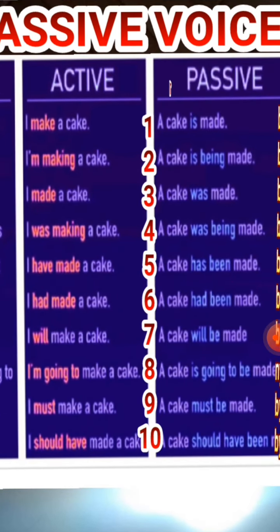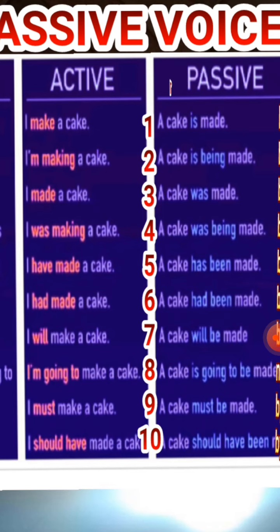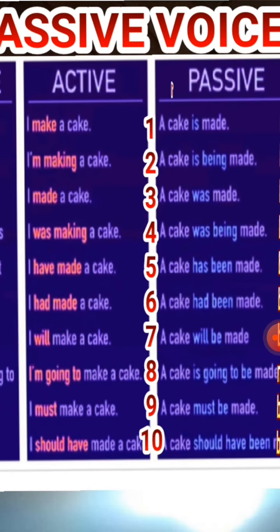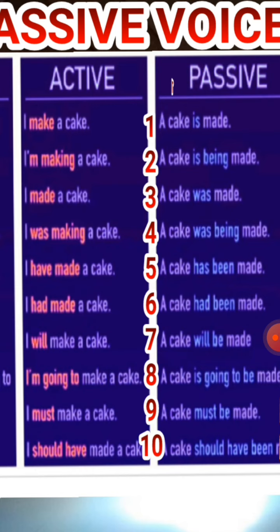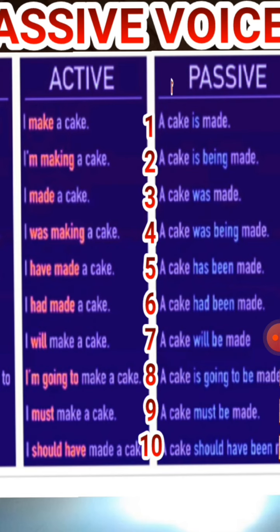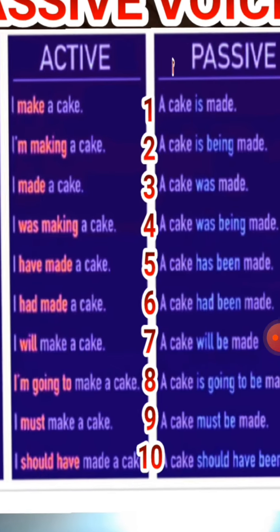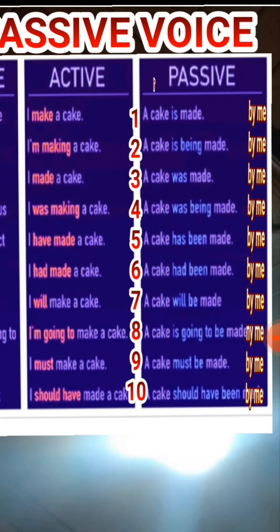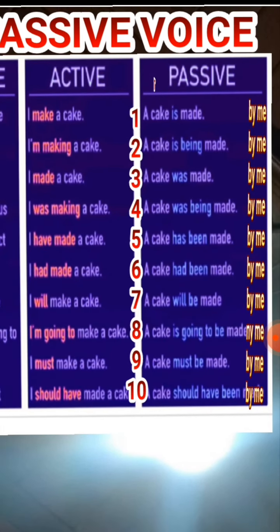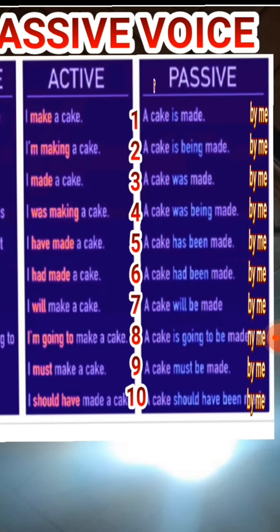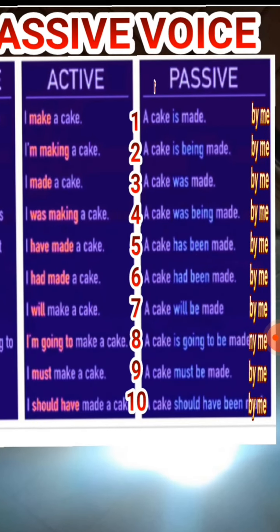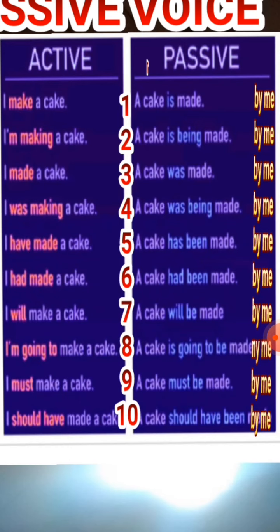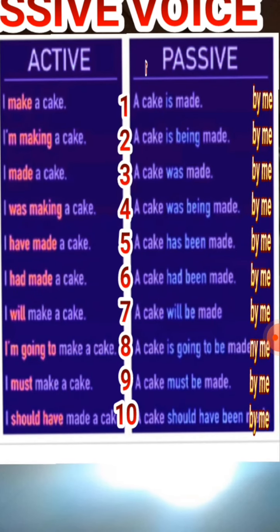To change the sentences from active to passive, the subject of the sentence in the active is put as the object, and the object of the active sentence is used as the subject in the passive.